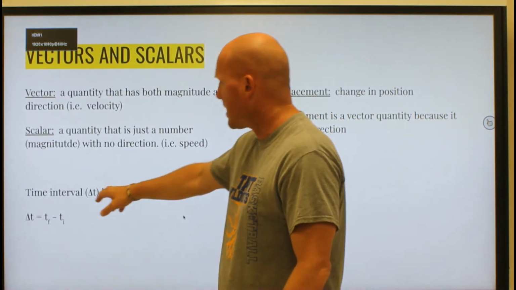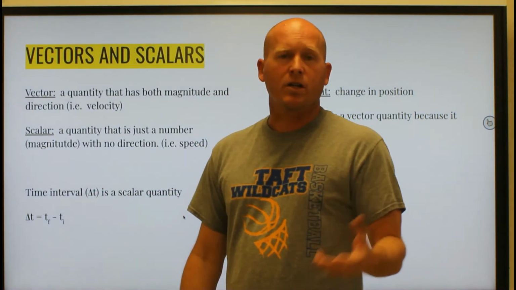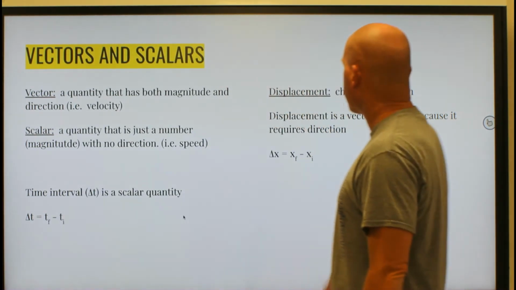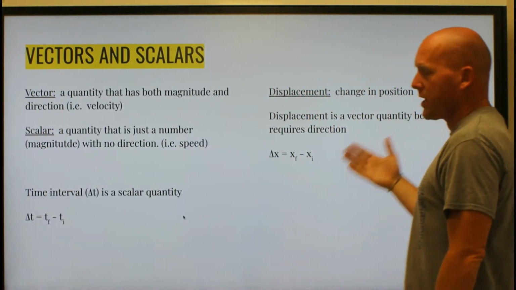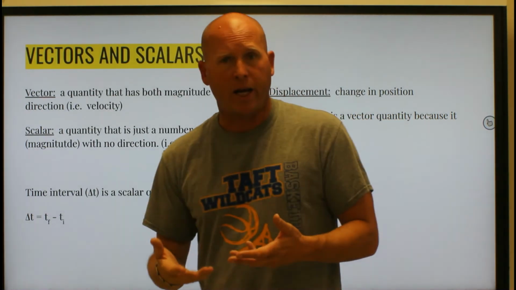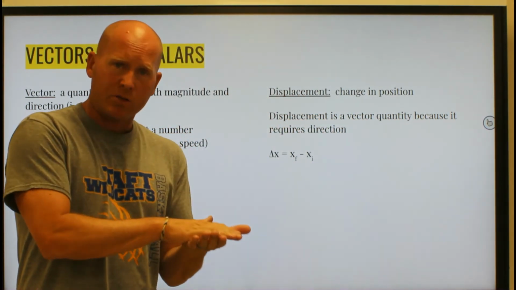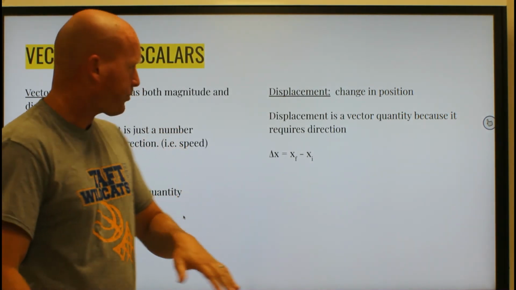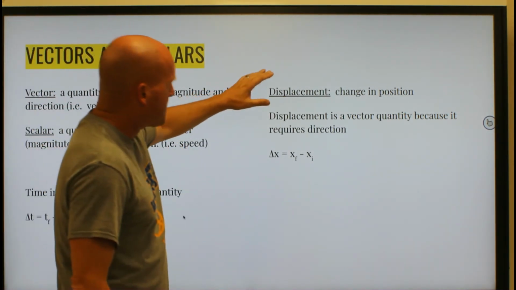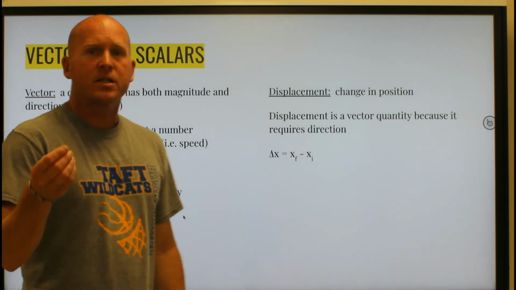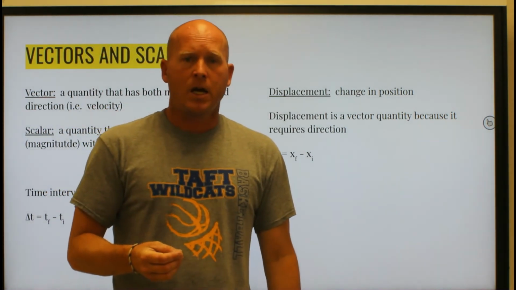So delta t is representative of what's called a time interval. Right? There's also a way we can figure out displacement, which is how your position changed. And some people mistake displacement for distance, right? So displacement by definition is the change in your position. Okay?